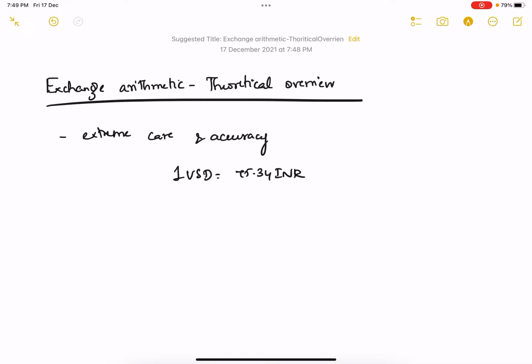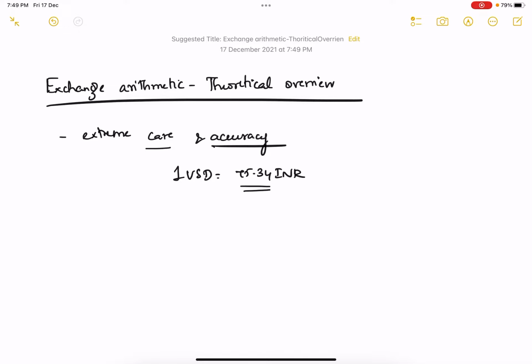The use of decimal point has to be correctly placed, and there should be a constant check in order to minimize risk of mistake, because the error in one quote will erode the total earnings from several trades or transactions, because we are doing foreign exchange transactions with another country which has a different currency. So exchange rates and their arithmetic have to be worked out with extreme care and accuracy.